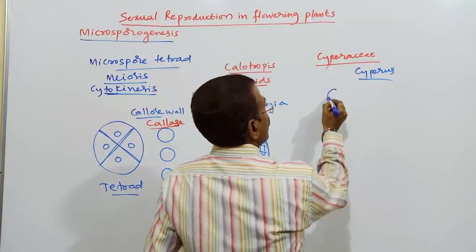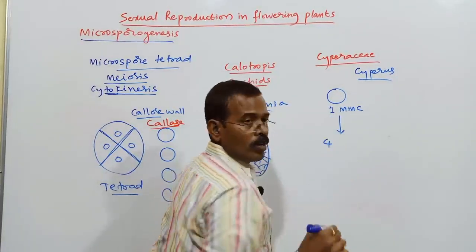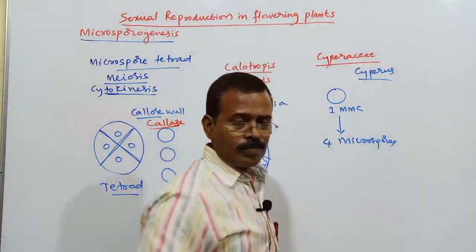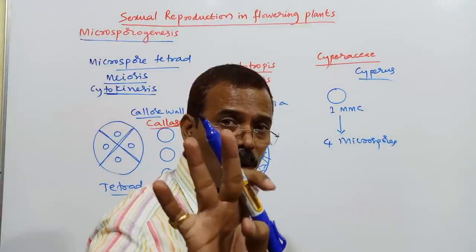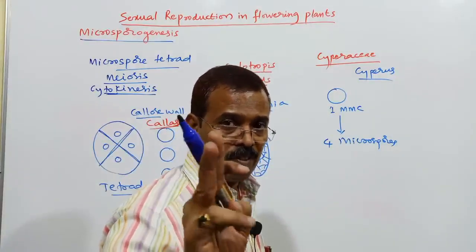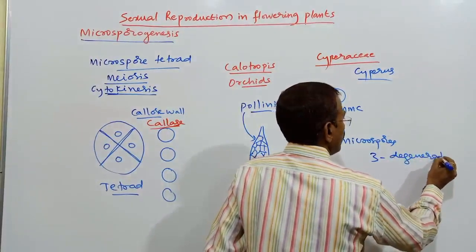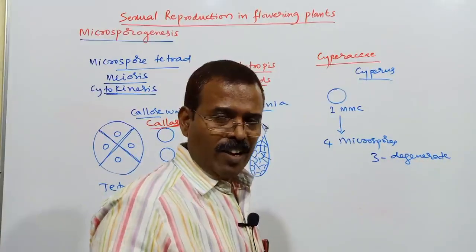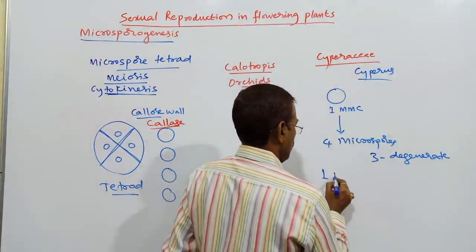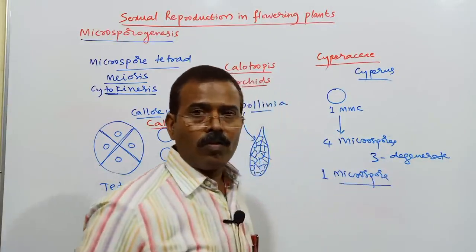Usually, one microspore mother cell produces 4 microspores. But out of the 4 microspores produced, 3 will degenerate. When the 3 degenerate, how many functional microspores will be left? Single. So 1 microspore will be formed.